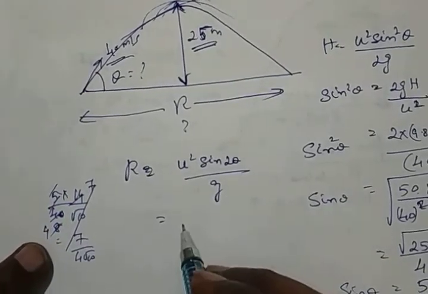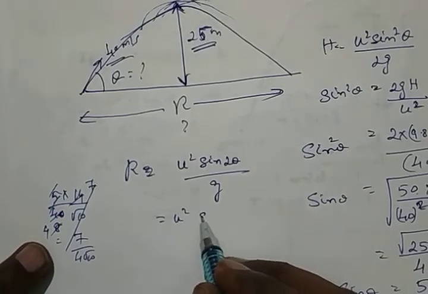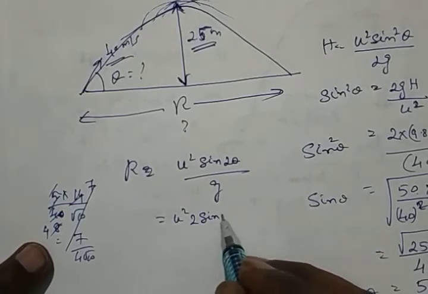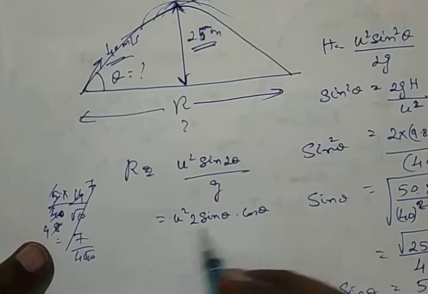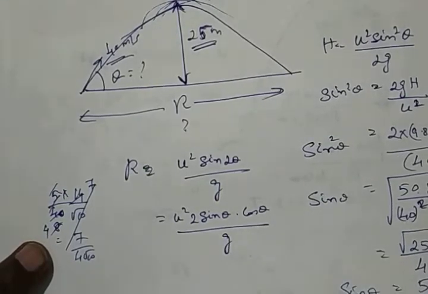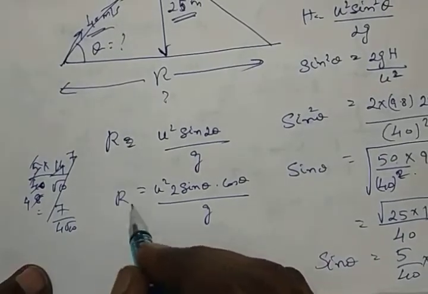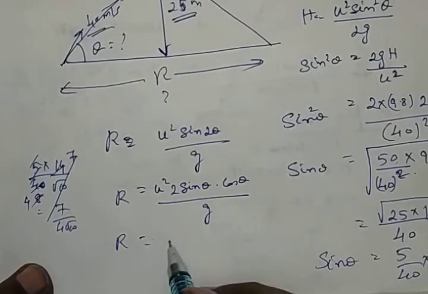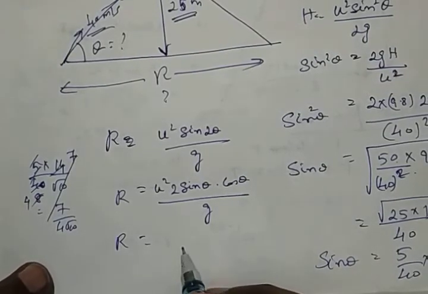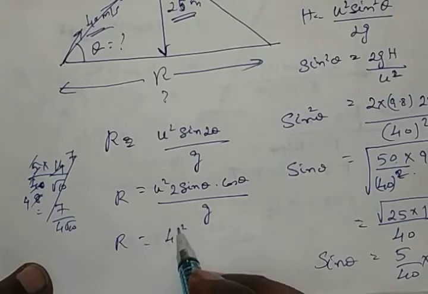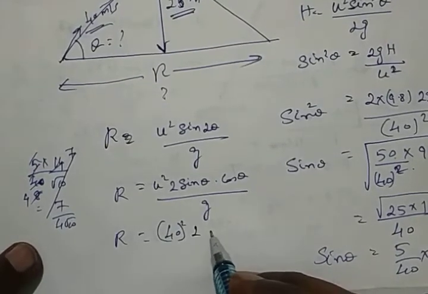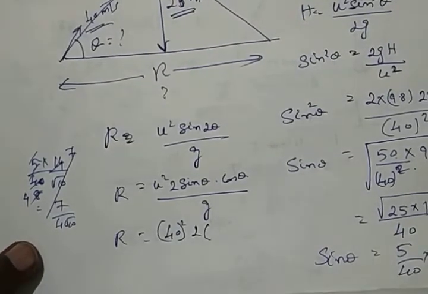Now sine 2 theta is 2 sine theta into cos theta, so R is u square into 2 sine theta into cos theta upon g. So R is going to be equal to u square, which is 40 square, and 2 into sine theta.